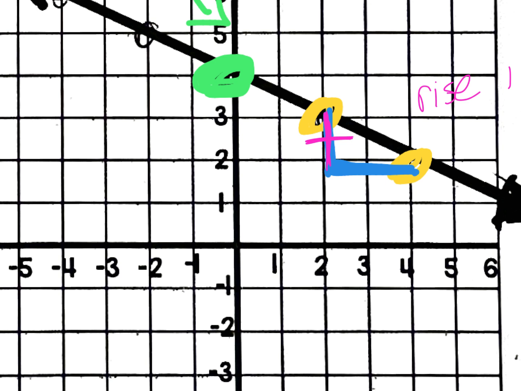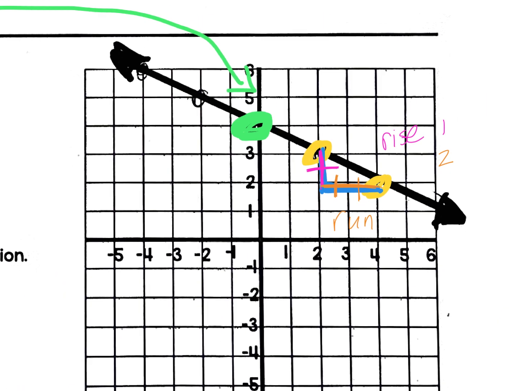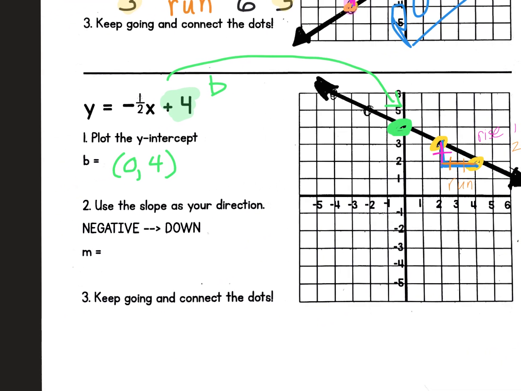And then my run, my horizontal distance, going this direction, is 2. So my rise over my run is 1/2, which does not simplify.